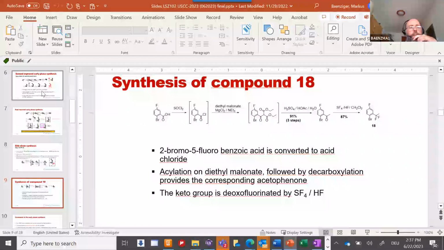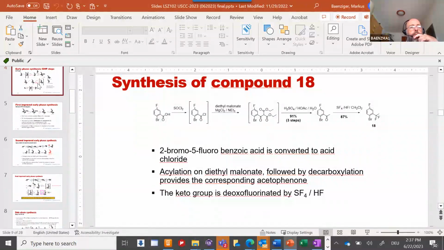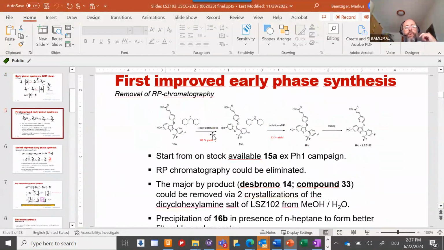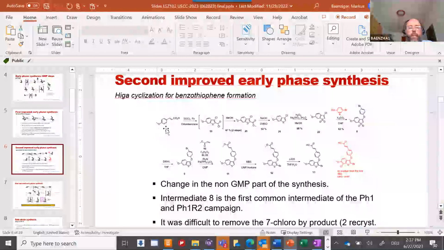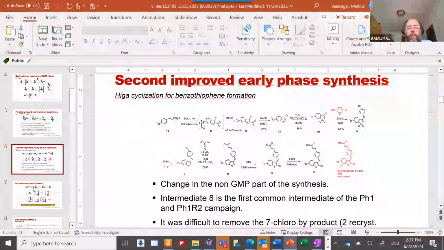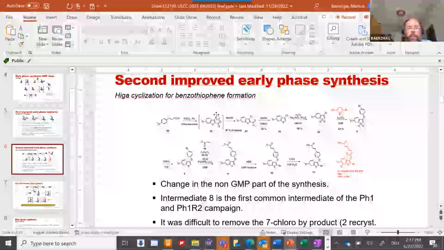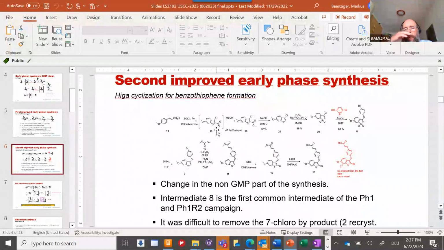So where have I been? The second improved early phase synthesis made use of the Hinsberg cyclization. We started from 4-methoxycinnamic acid with thionyl chloride as the reagent, and we could make this benzothiophene ring in one step.